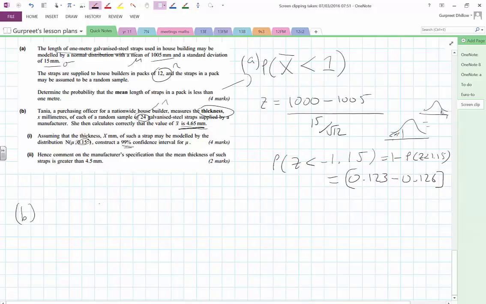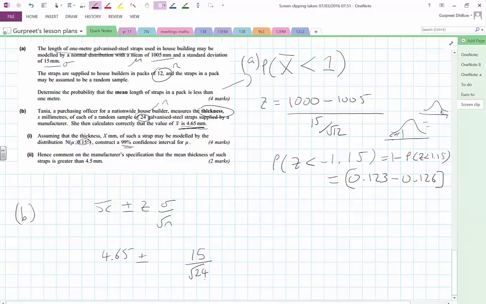So you should know a standard formula which looks like this. Okay, so we've got to put the numbers into this. So x bar is 4.65, sigma is 0.15, n is 24, and now the z value is the important part.